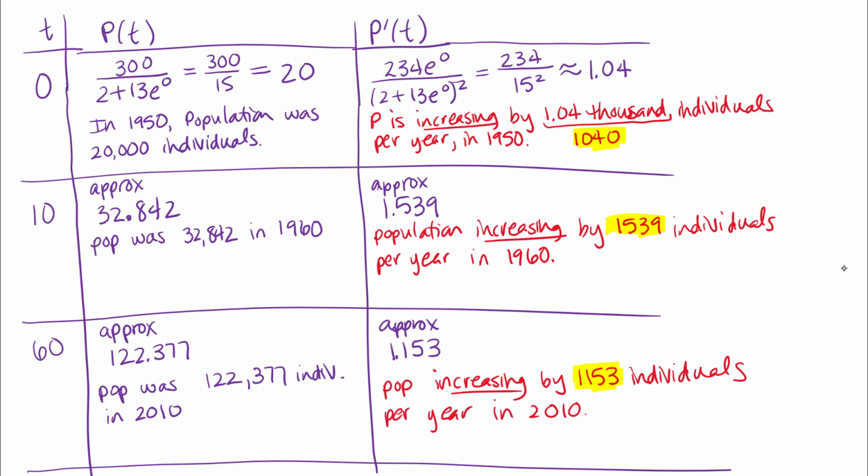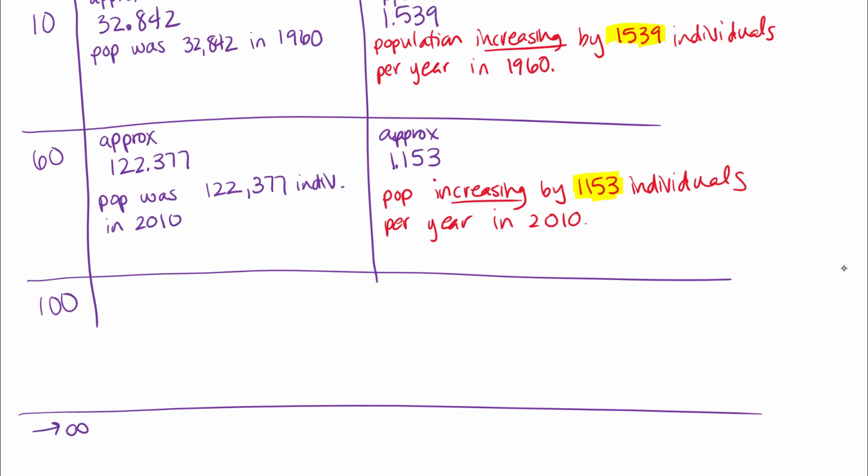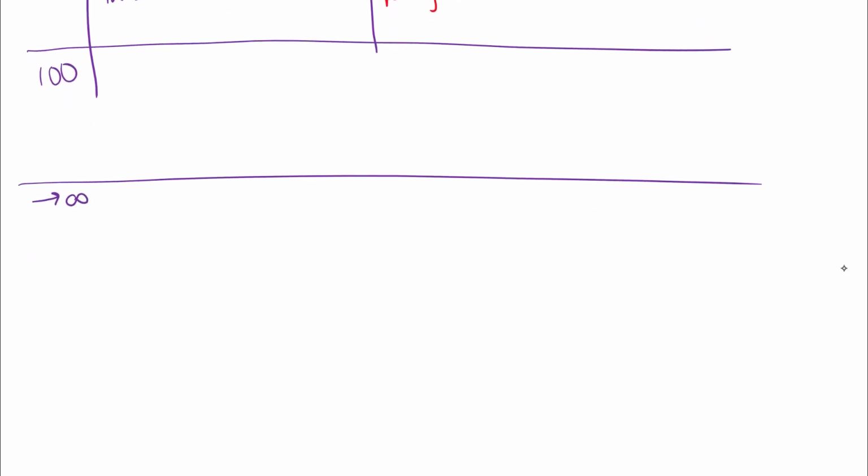All right, so t equals 100, that would be 100 years after 1950. So these are going to be predictions. T equals 100, we're going to get approximately 147.622.